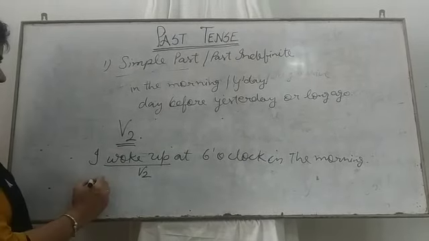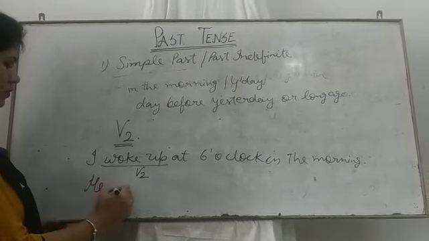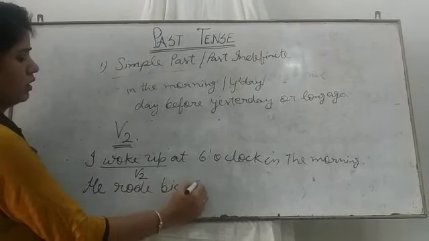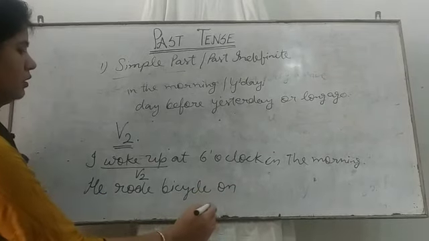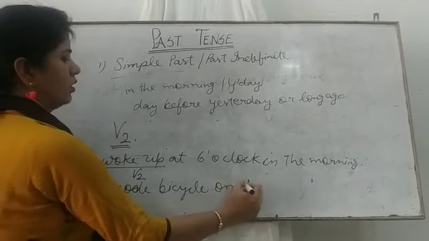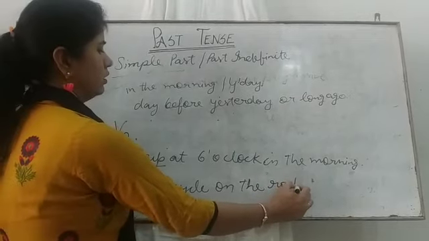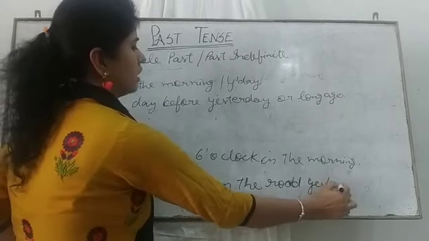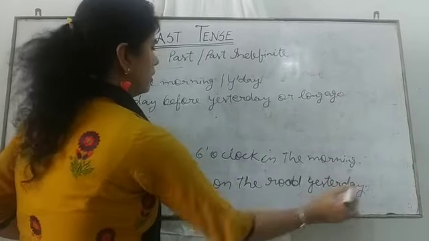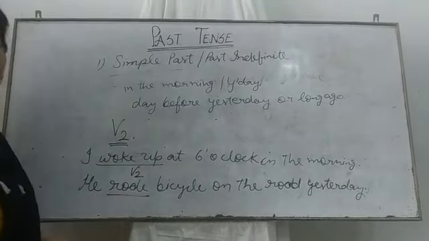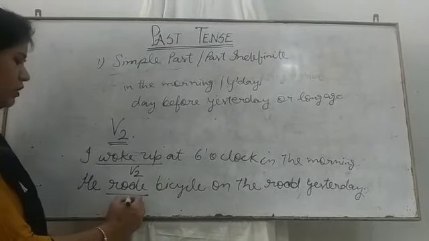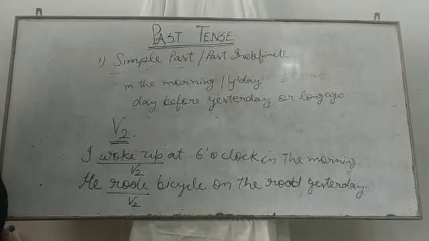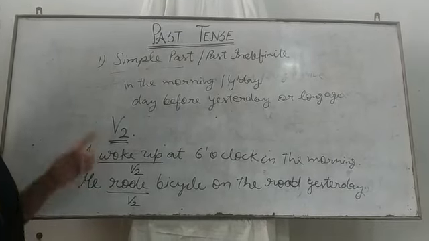Another example, he rode bicycle on the road yesterday. Here, rode is the second form of ride. These both verb forms represent that this event occurred in the past.